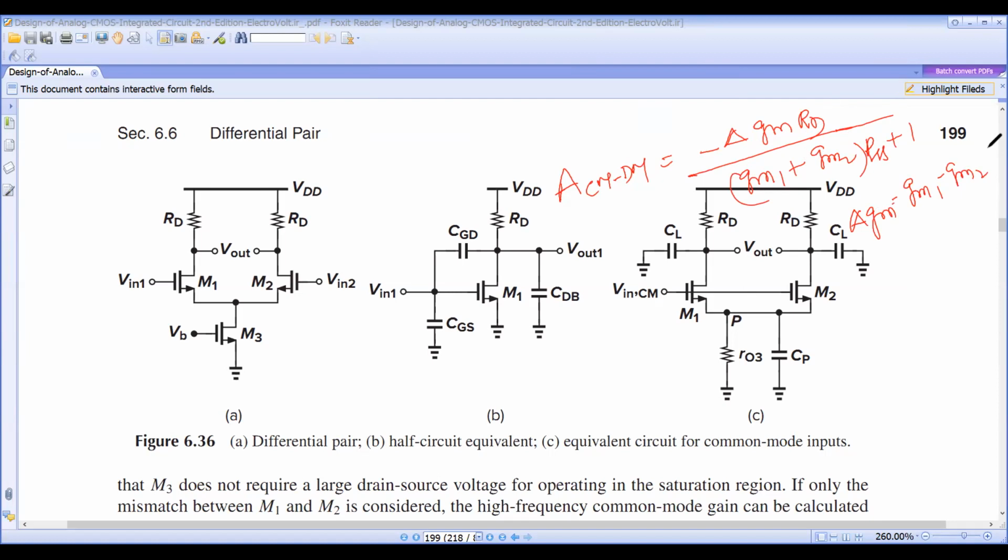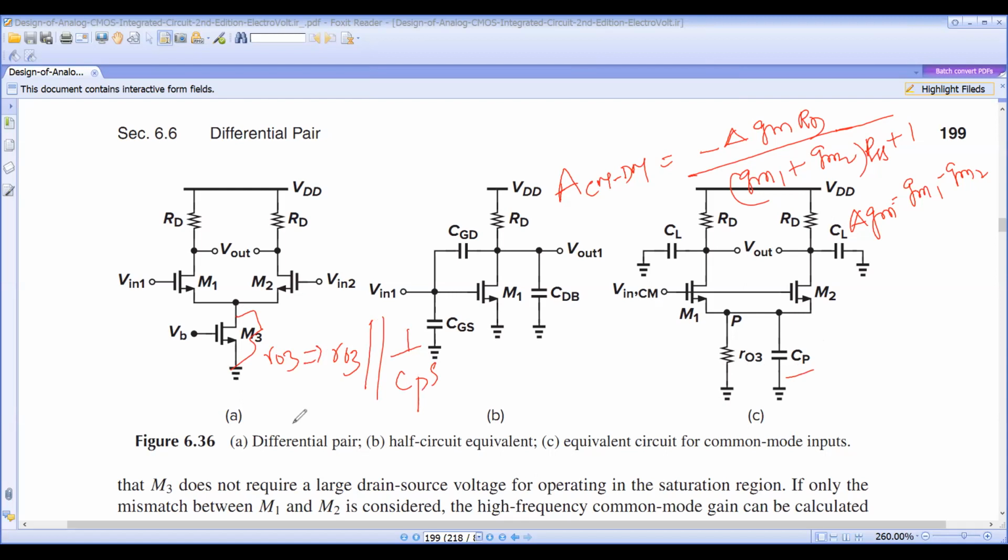Okay, so here replace R03. R03 is equal to, wherever R03 is there, it means this transistor resistance R0 is replaced with R03 parallel with the capacitor, this one, 1 by CPS, because these two are parallel.